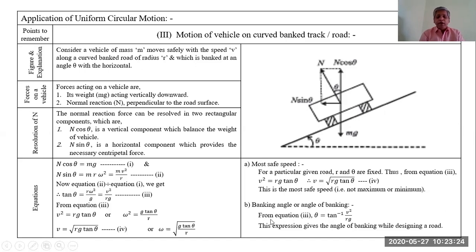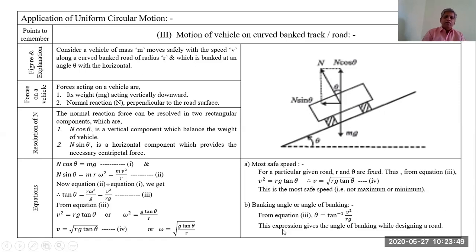That expression can be found from equation third. From equation third, theta is equal to tan inverse of v square upon rg, if the speed is given and radius is also given.